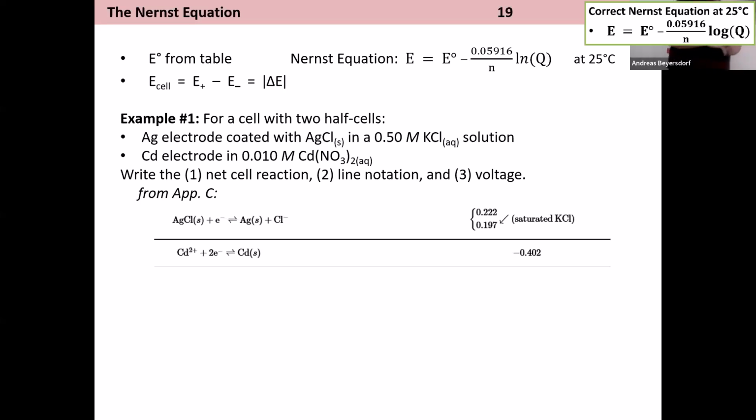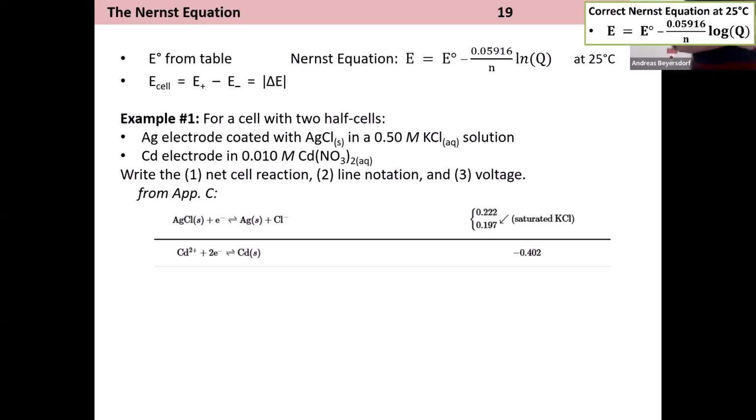Okay. All right. Now there's one thing wrong. There's one thing I haven't written down. As written, this looks like it is under standard conditions. If I don't write down what the concentration is, we assume it's 1 molar. This is not under standard conditions.